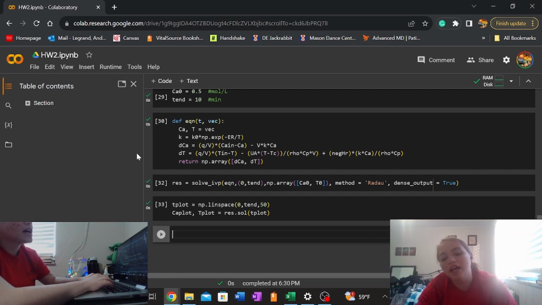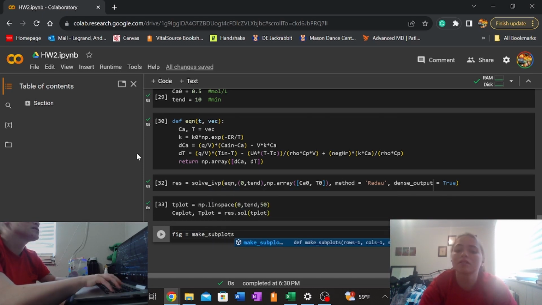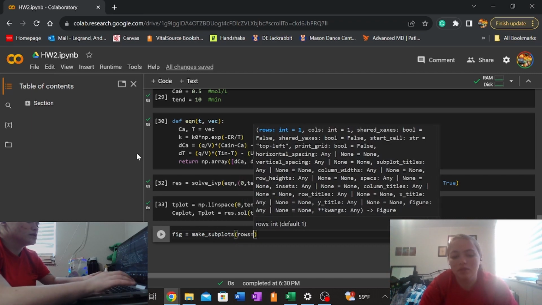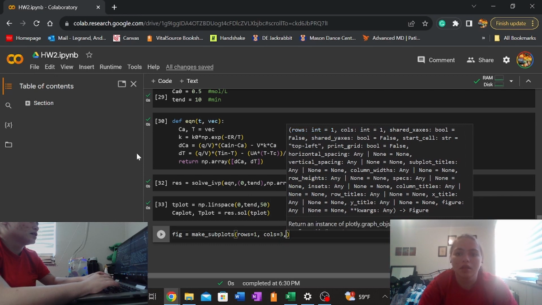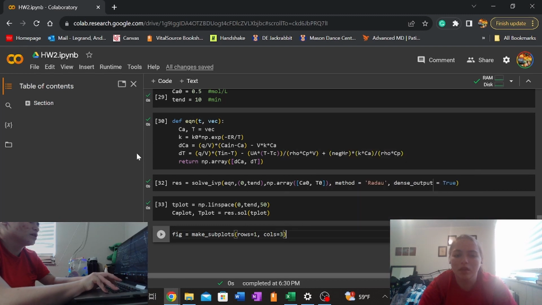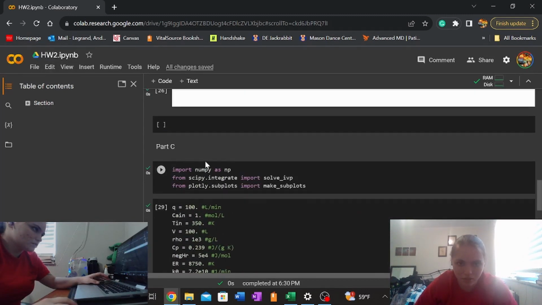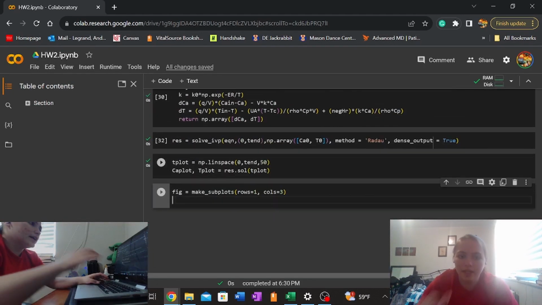So we have our fig equal to make_subplots, with rows equal to 1, columns equal to 3. There's no shared anything, so it should just be that.